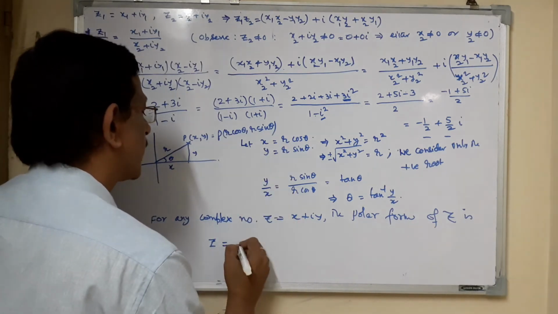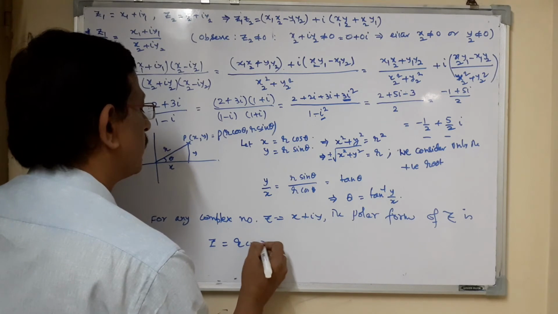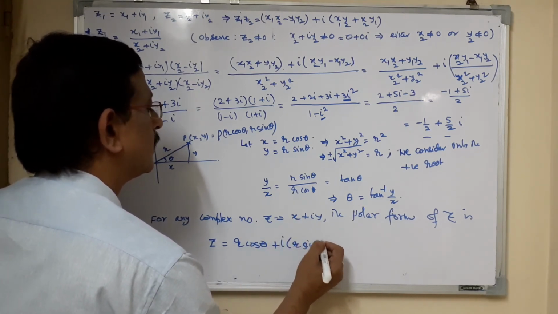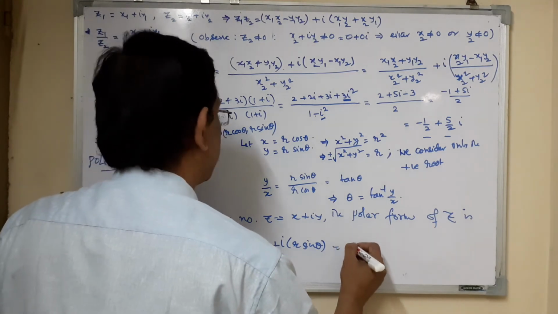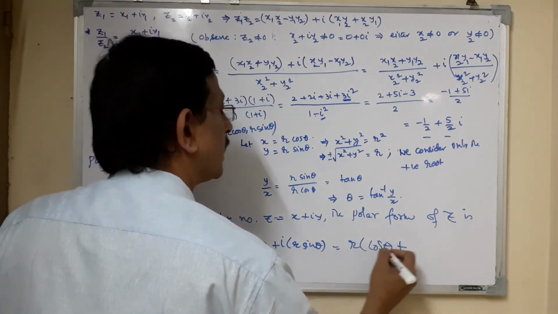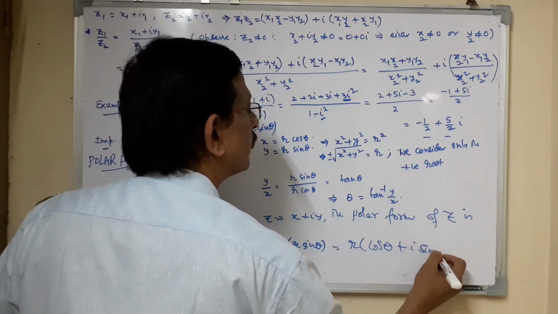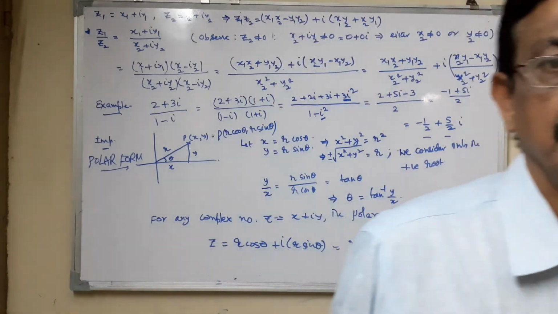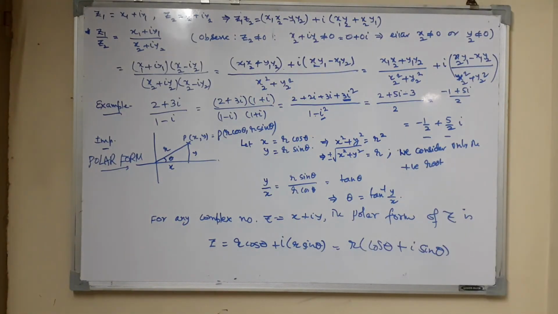I'm putting x equal to r cos theta plus i times y equal to r sin theta. So this can be written as r into cos theta plus i sin theta. So this is the polar form for the complex number z.